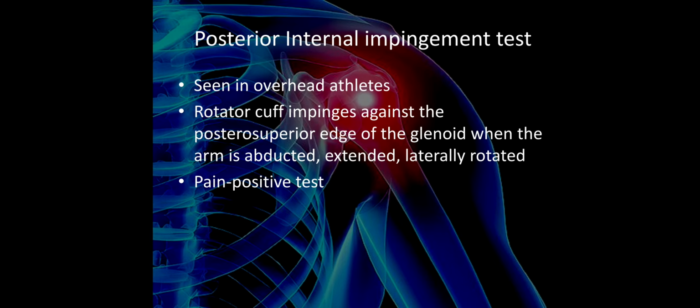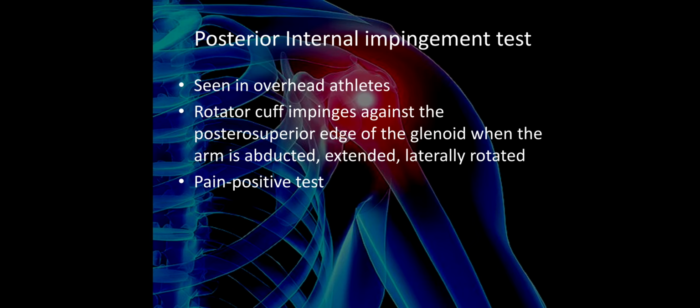There is another test called the posterior internal impingement test. This is seen in overhead athletes. The rotator cuff impinges against the posterior superior edge of the glenoid when the arm is abducted, extended and laterally rotated. If the patient has reproduction of the symptoms, experiencing pain, then this test is considered positive.